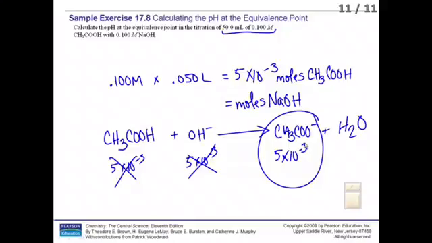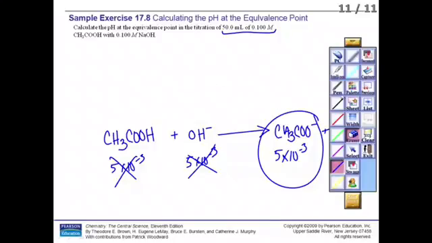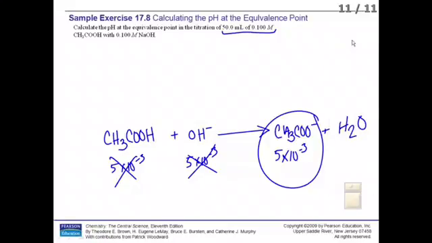And remember how I told you this before? When you've got a weak conjugate of anything, conjugate acid or a weak conjugate base, you always have to worry about how that ion is going to react with water. Remember the hydrolysis process. You've got an ion that is going to interact with the water in the solution.